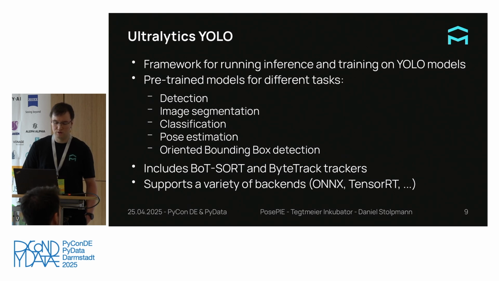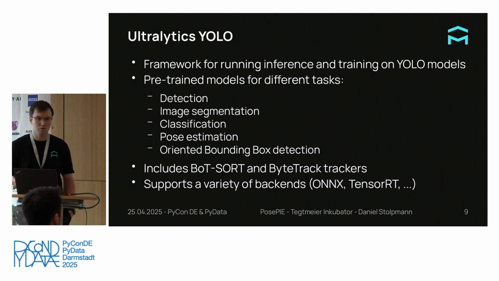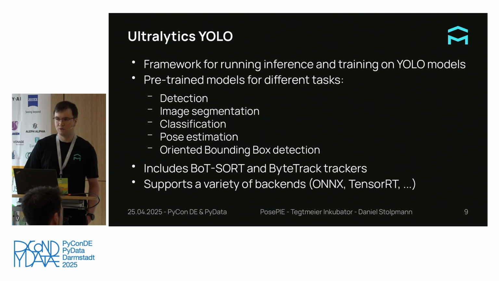YOLO also includes the BoT-SORT and the ByteTrack trackers, which are used to assign unique IDs to individual detections over time. So you can track them from one frame to the other. And we use this to keep track of the individual players when they are in the video.